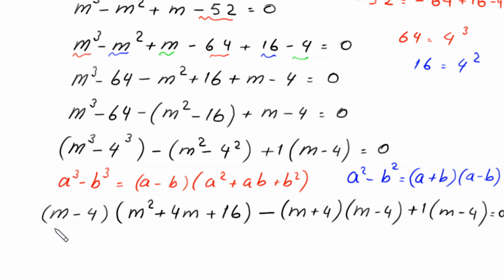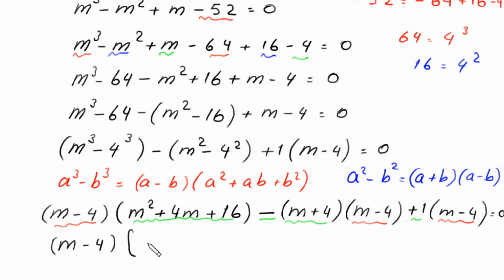Now as you can see, this expression m - 4 is a common factor in all three terms. So we factor out m - 4, and in the bracket we are left with m^2 + 4m + 16 - (m + 4) + 1.